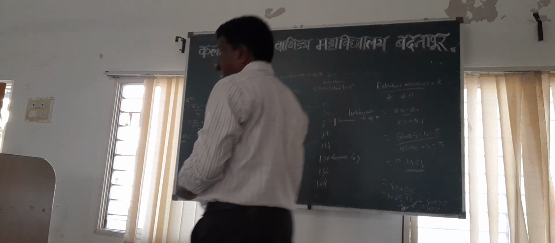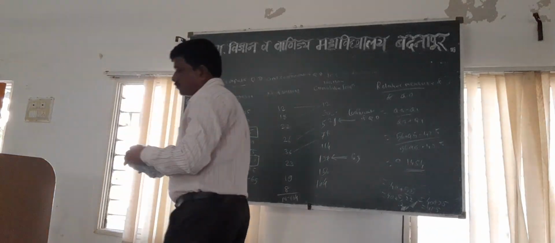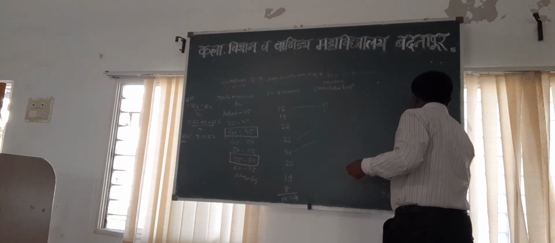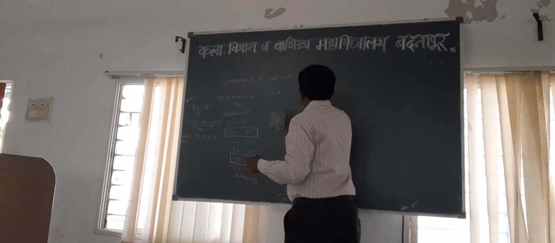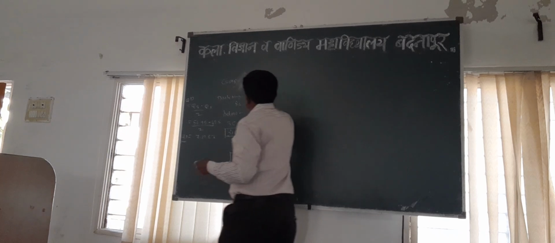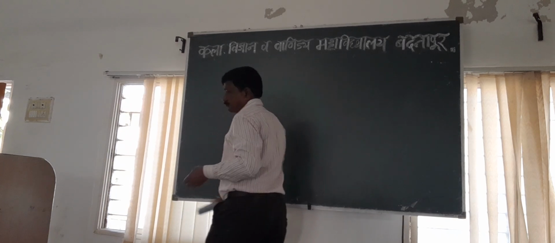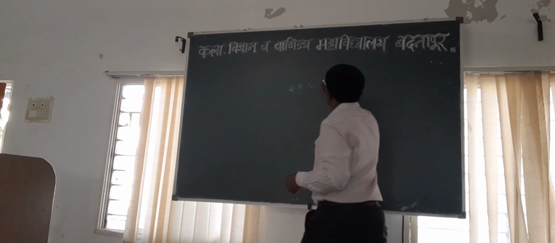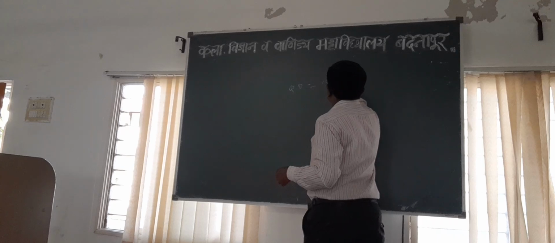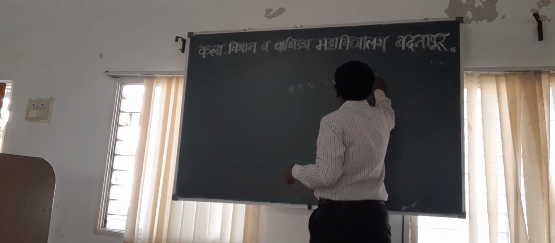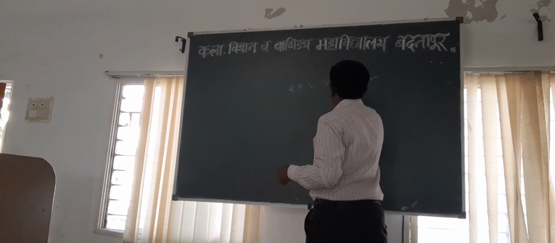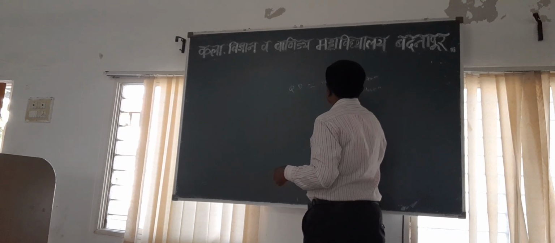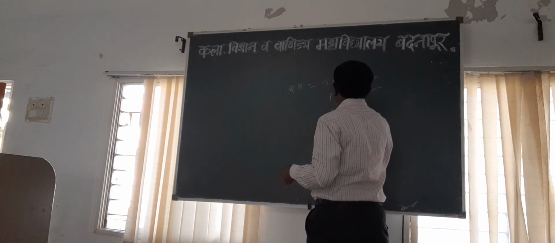And next we see the mean deviation. Quartile deviation finds the value of two positional observations, Q1 and Q3.